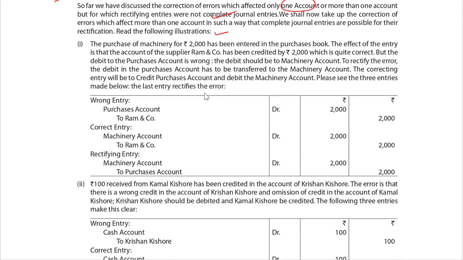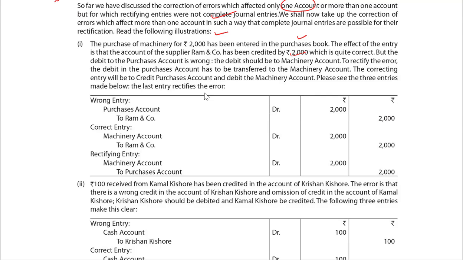The purchase of machinery 2000 has been entered in the purchase book. My dear students, you had purchased the machinery. How can you enter it in the purchase book? But we have entered it in the purchase book. The effect of the entry is that the account of the supplier, that is Ram and Company, has been credited by 2000, which is quite correct.